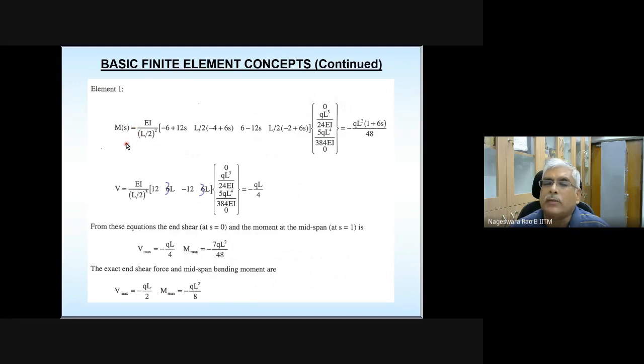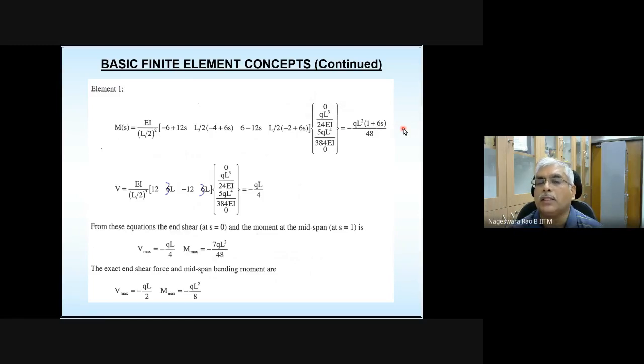Whatever bending moment relation is obtained here, the first equation is obtained by taking the nodal values and interpolating the nodal values. So this is the finite element solution. To this, add the fixed end solution.